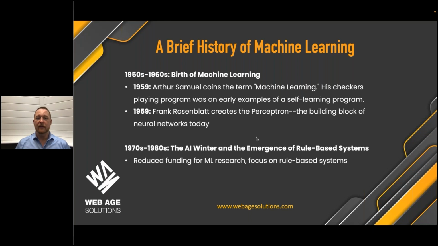In the 70s and 80s, there was one of the AI winters, as they call it, and there was a lot of focus on rule-based systems. Machine learning systems are statistical systems. Rule-based systems follow a fixed set of logic and rules, as opposed to having statistical results.